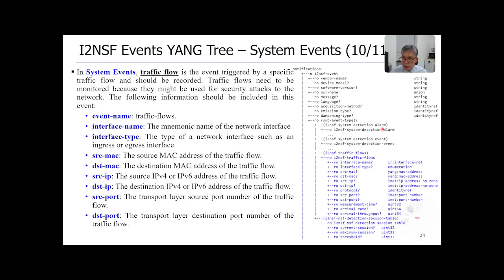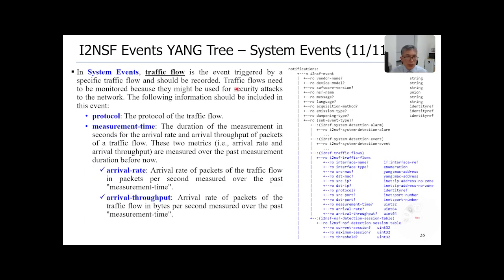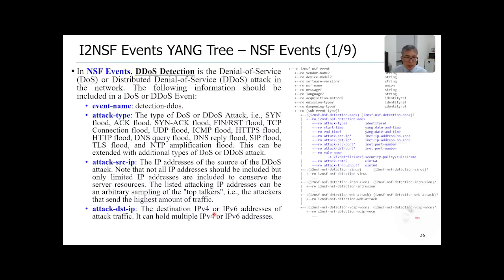So here we have the traffic flow system event Yang tree we can see, and also the protocol and measurement of time. So the duration of the measurement in seconds for the arrival rate and arrival throughput of packets of the traffic flow. Arrival rate and arrival throughput are maintained.